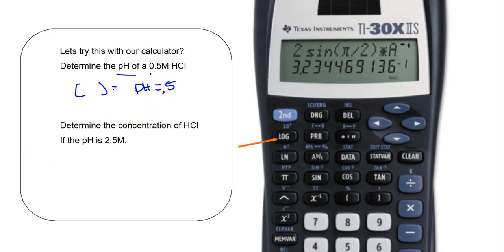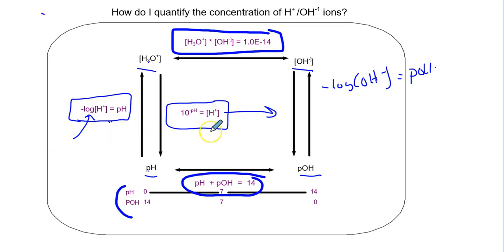So there's two different formulas here. The first one is using this guy, and that's what I want to use. In this case, 10 to the negative 0.5 will give me my concentration. Grab a calculator and you'll find that we're going to use a single button for this.